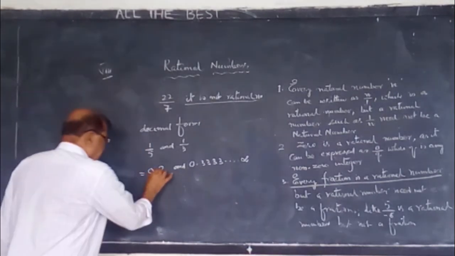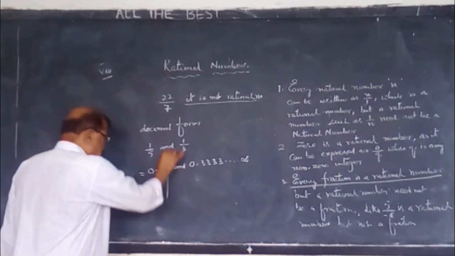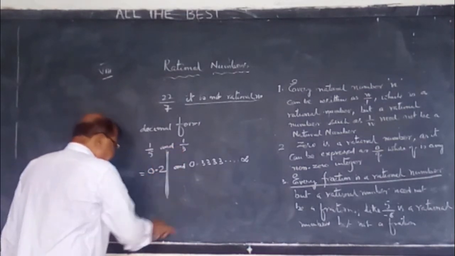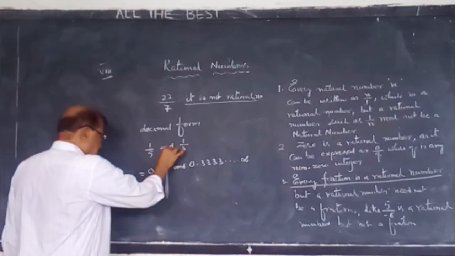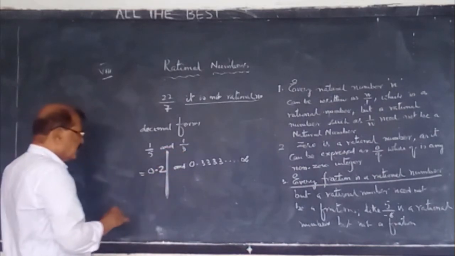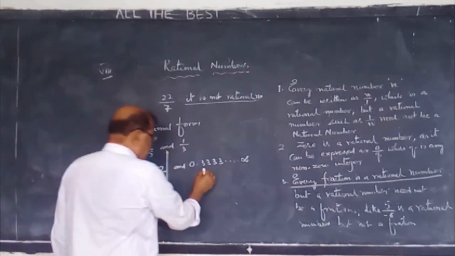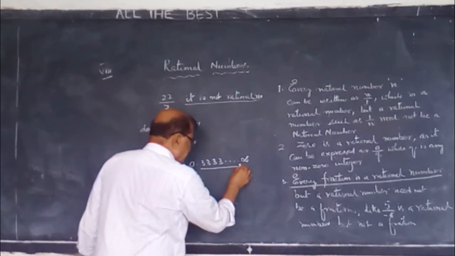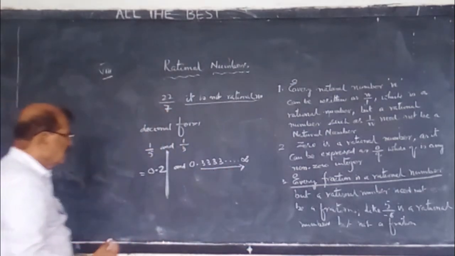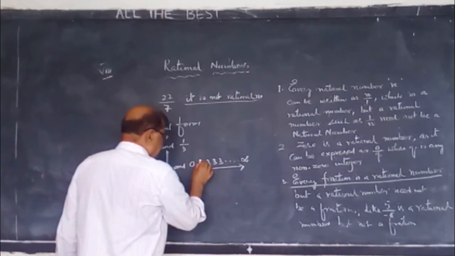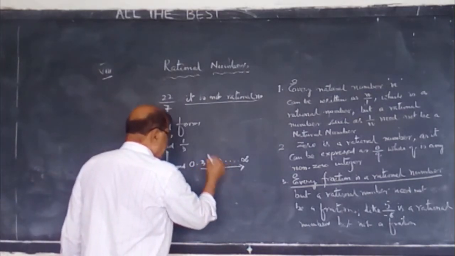One is a terminating decimal. It is closed, ended, terminated. So it is called a terminating decimal or closed decimal. Here it is not closed, it is up to infinity. But you will find some pattern. 3 is repeated, 3 is repeated, 3 is repeated.